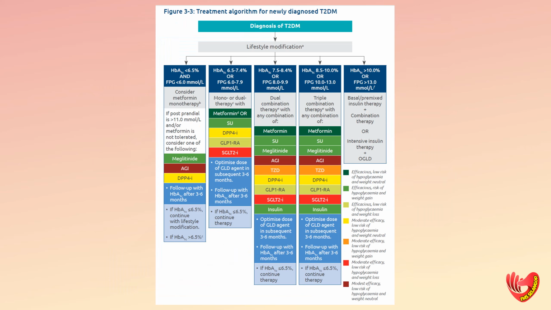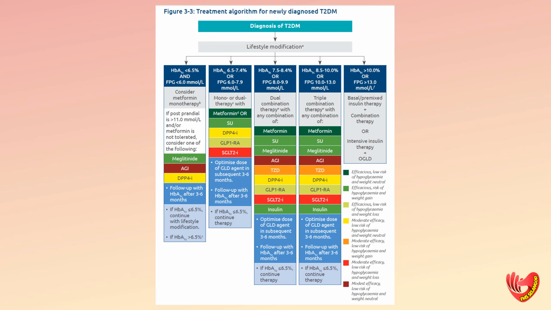This is the treatment algorithm plan for newly diagnosed type 2 DM. In all diabetes patients, please emphasize the importance of implementing lifestyle modification for overall management of type 2 DM. The decision on starting monotherapy, multiple OGLDs, or adding on insulin depends on the HbA1c and fasting plasma glucose level.